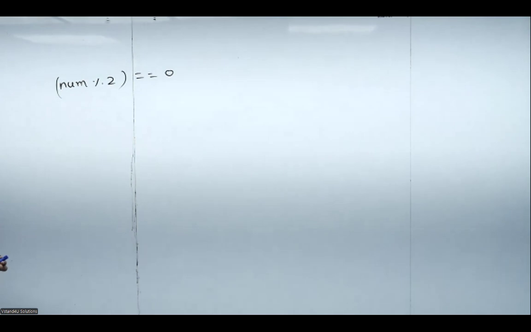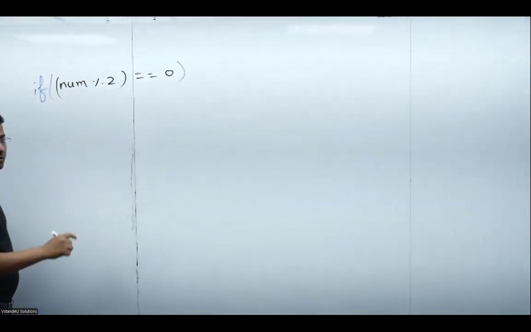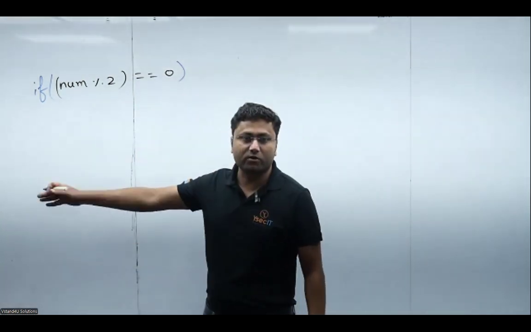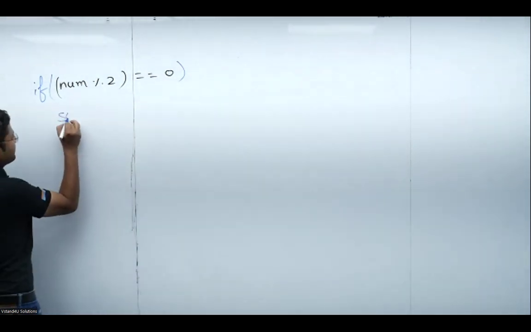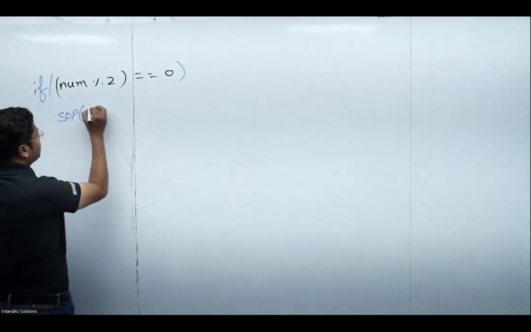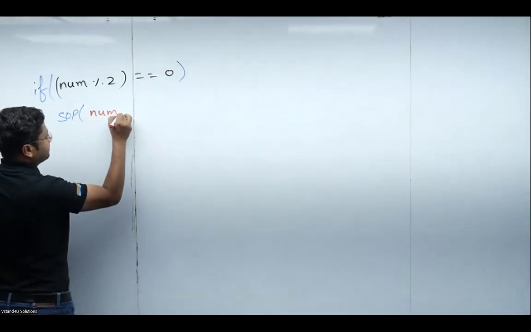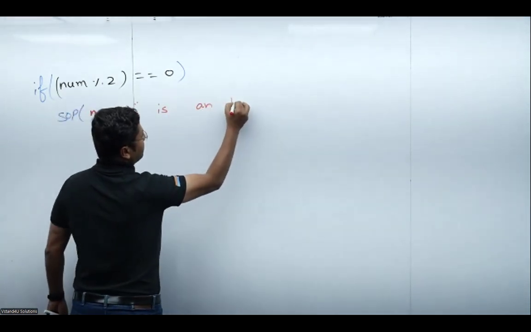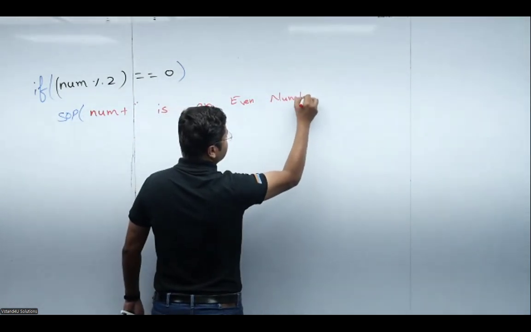And this should be the condition of the if. If this holds, what should I do? If the given number is even, I should print it. The task is to display all the even numbers, right? In this case, I will use SOP. I'll simply print it this way: num plus is an even number. Am I clear?